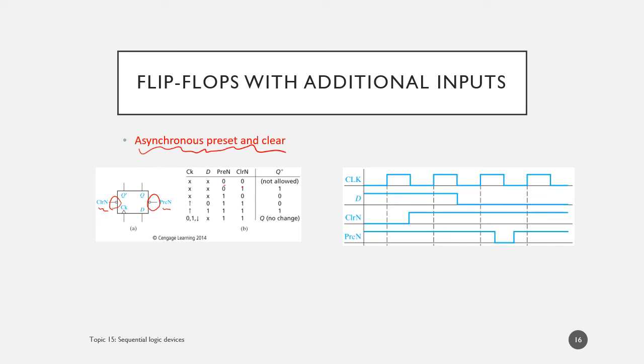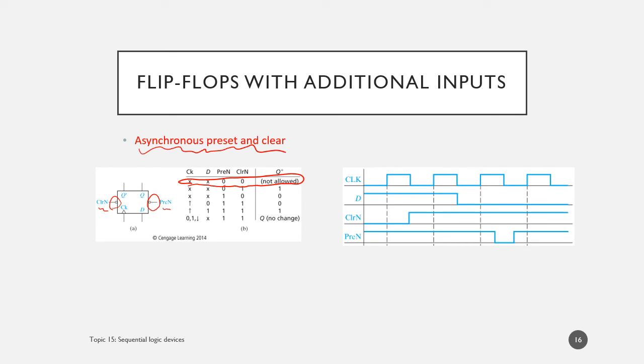Set means make the output Q to be 1. Clear means make the output Q to be 0, right? We cannot do this at the same time. So you are trying to avoid this. Don't set that.